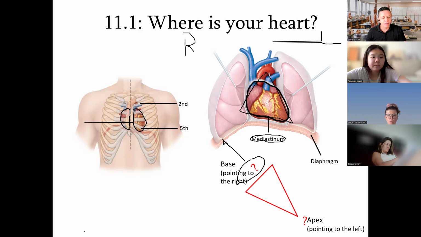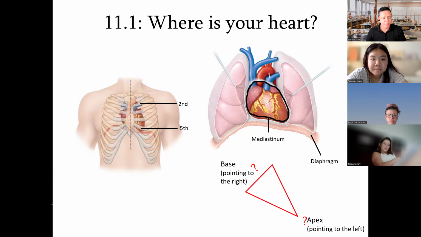Why does this matter? Everybody pay attention here, please. It matters because several of the structures of the heart are bilateral. And you know what that means. Okay? And the way that we divide the heart in half is by passing an imaginary line from the base of the heart.